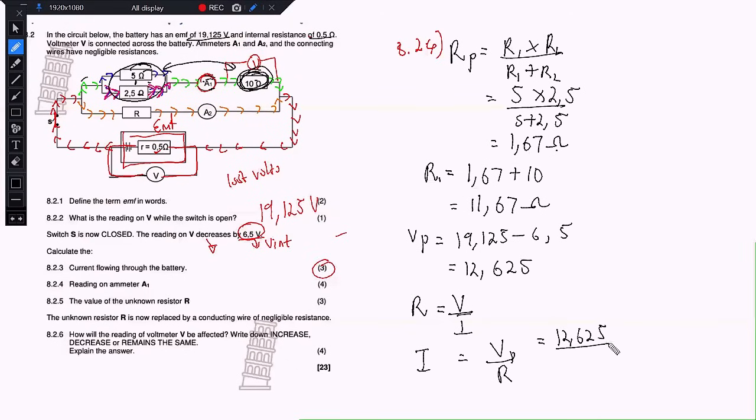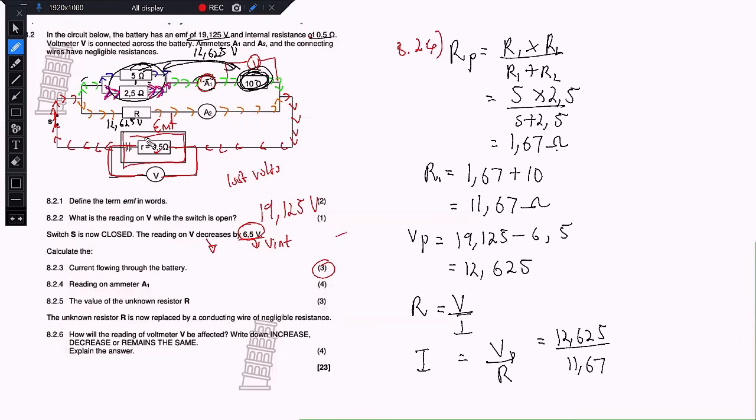Now, V parallel is 12.625 over the R. We are going to substitute the 11.67 because we are looking for which current? The current over here. So we understand that since this here is the parallel branch, the voltage combined for this part here would have to be 12.625 volts, but then also the voltage for this one here, resistor R, will also have to be 12.625 volts.